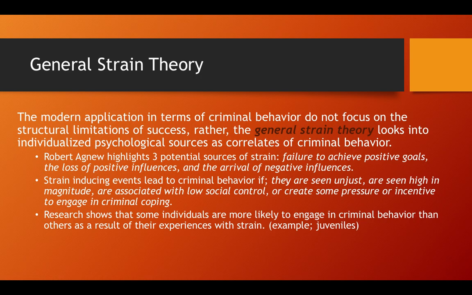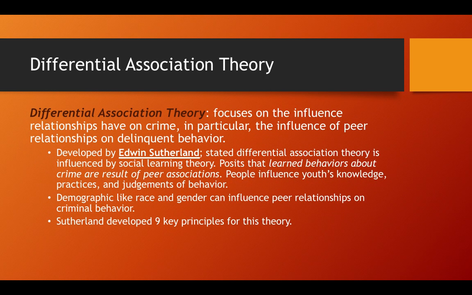Then we have what's called differential association. This specific theory focuses on the influence that relationships have on crime, in particular the influence of peer relationships on delinquent crime, right? So Edward Sutherland came up with differential association theory, and it is influenced by social learning theory.